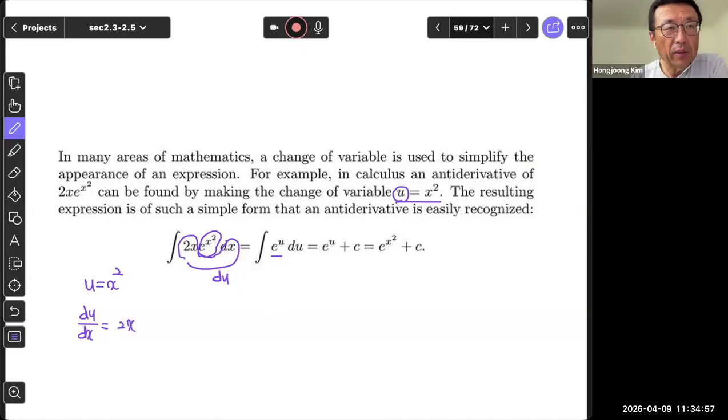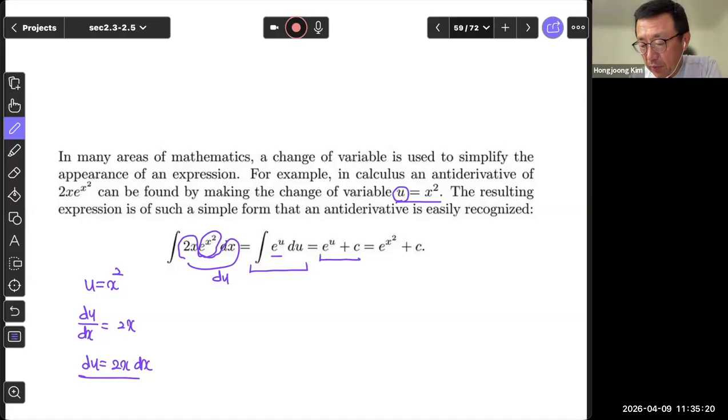If I multiply dx to this equation, you get du equals 2x dx. So that means I'm integrating e to the u with respect to u, which is simply e to the u. And since u was defined by x squared, we get this. That's what you studied in calculus class.